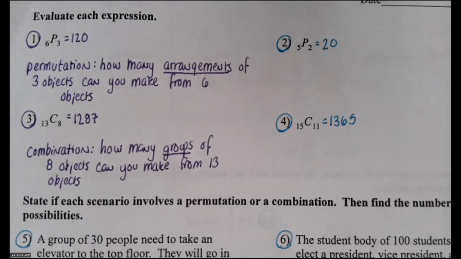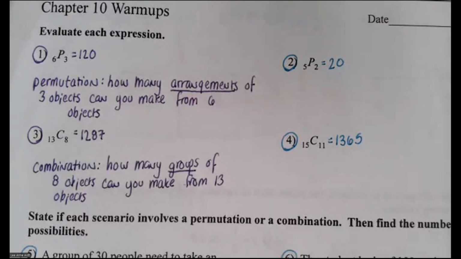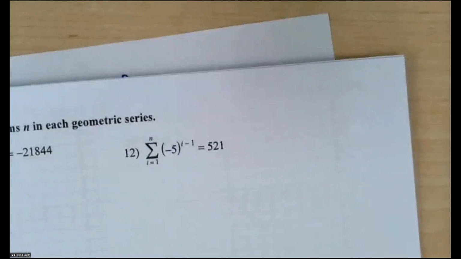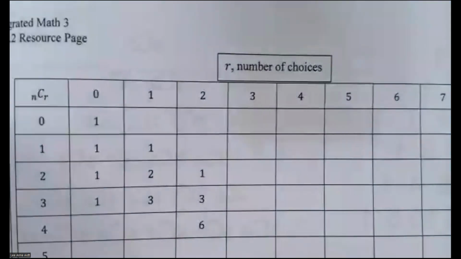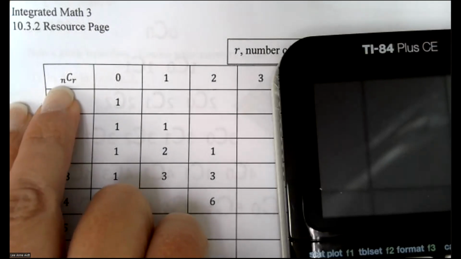Okay. So the first part of the first problem, number 151, we're going to do these on the calculator. So if you could locate the table for the resource page. This little guy here is NCR.